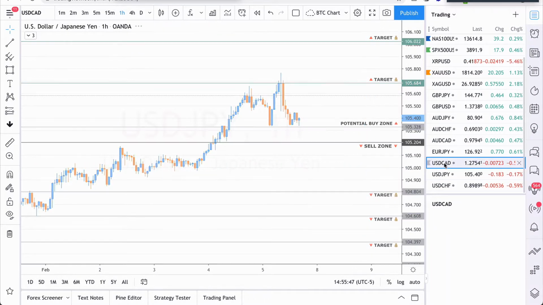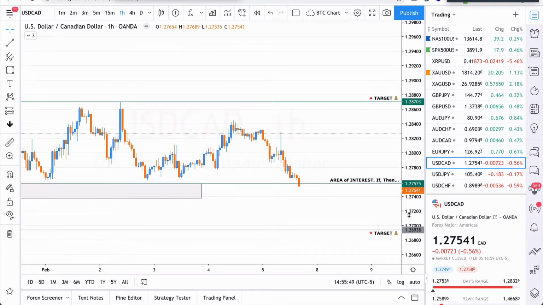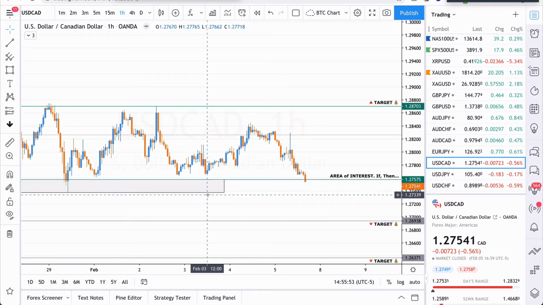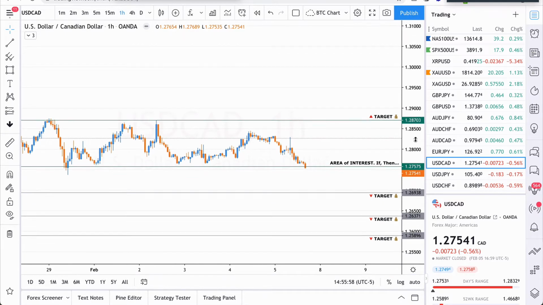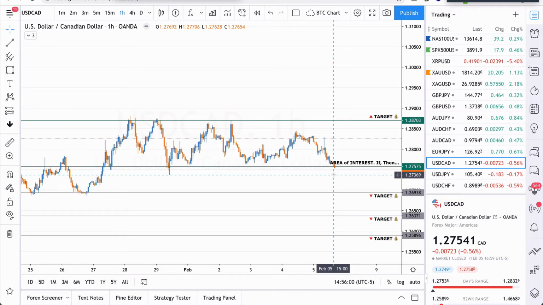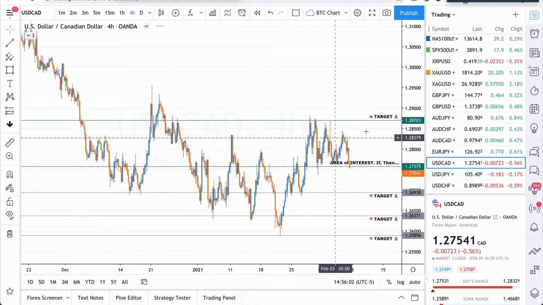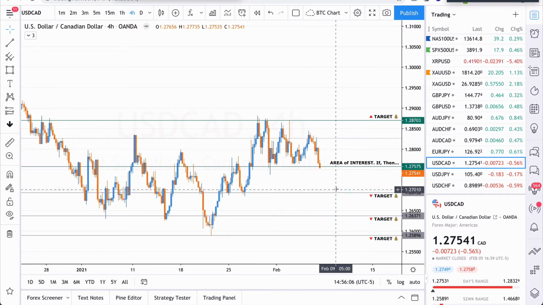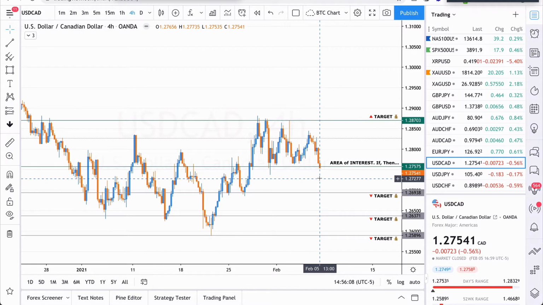All right, let's see USD CAD. USD CAD is ready for the drop. Let's see what kind of structure we have. Okay. I'm going to leave this as is because I believe it's ready for the drop.